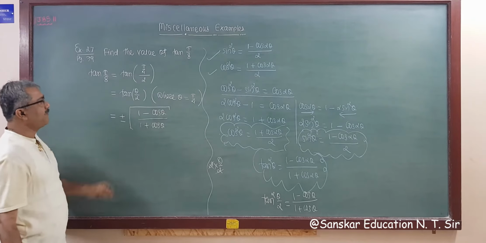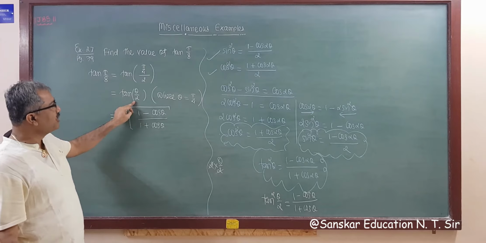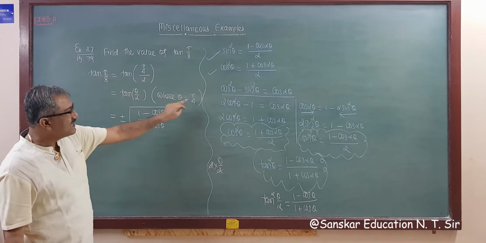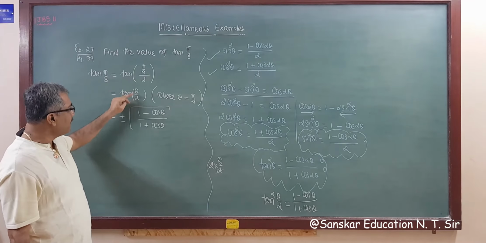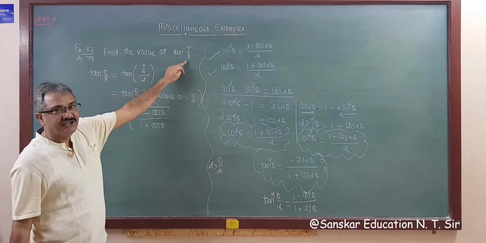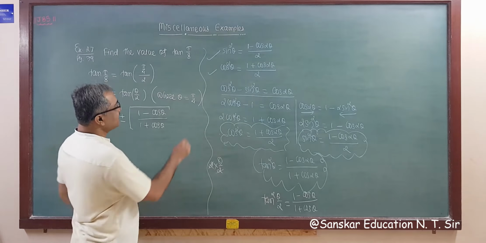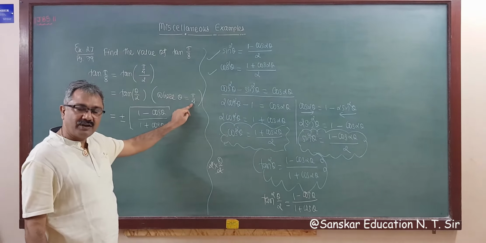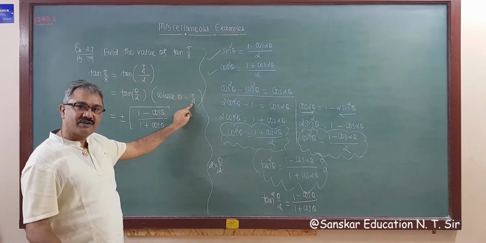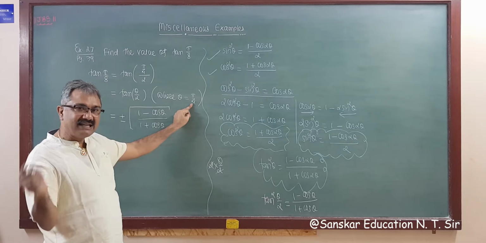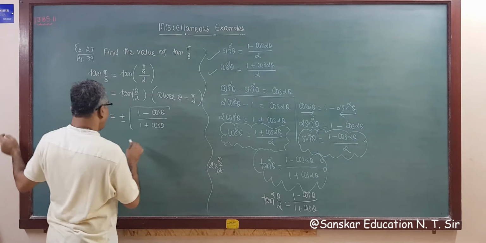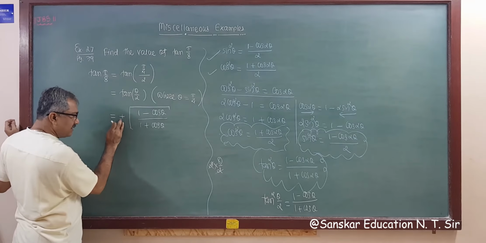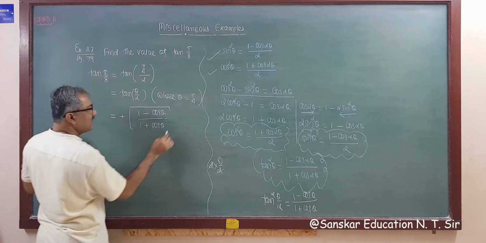But what is theta by 2? Theta is pi by 4 and theta by 2 is pi by 8, and pi by 8 means pi by 4 divided by 2. Now pi by 4 is 45 degrees. 45 divided by 2 is 22.5, which lies in the first quadrant. So I am taking this as plus. Why am I taking plus?